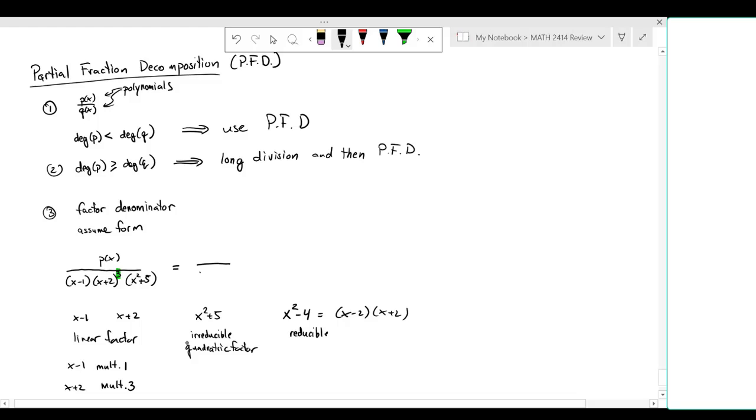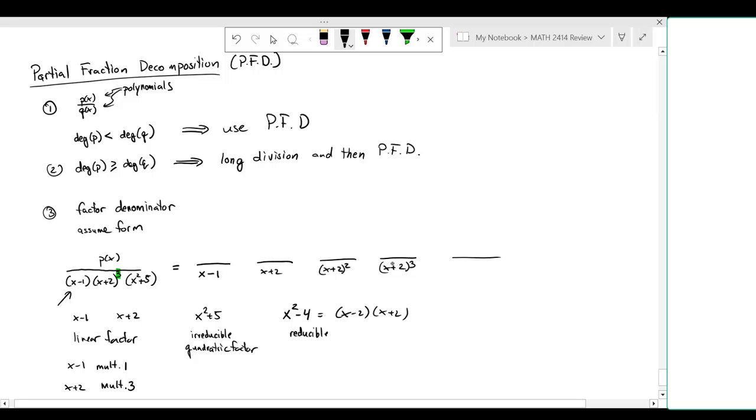So we write down separate fractions where our fractions have the factors here. So you have a linear factor, and then you also write down the factors up to the multiplicity. So x plus 2 has multiplicity 3, because there's a cube, so you'd write out all three: x plus 2, x plus 2 squared, and x plus 2 cubed.